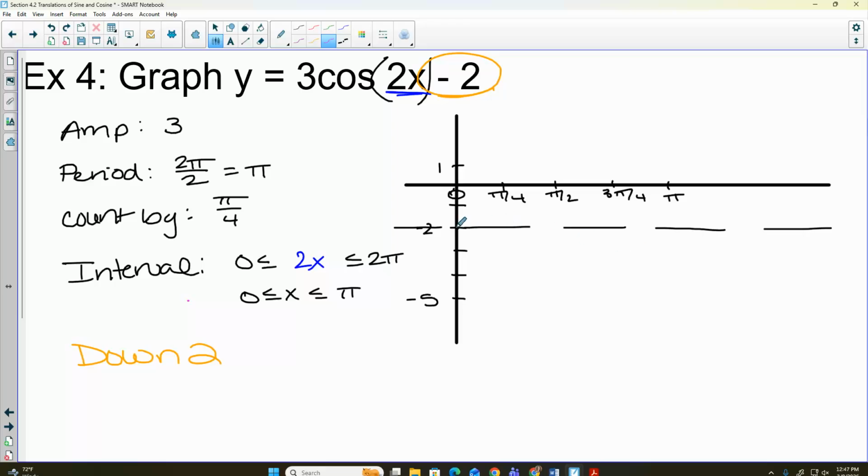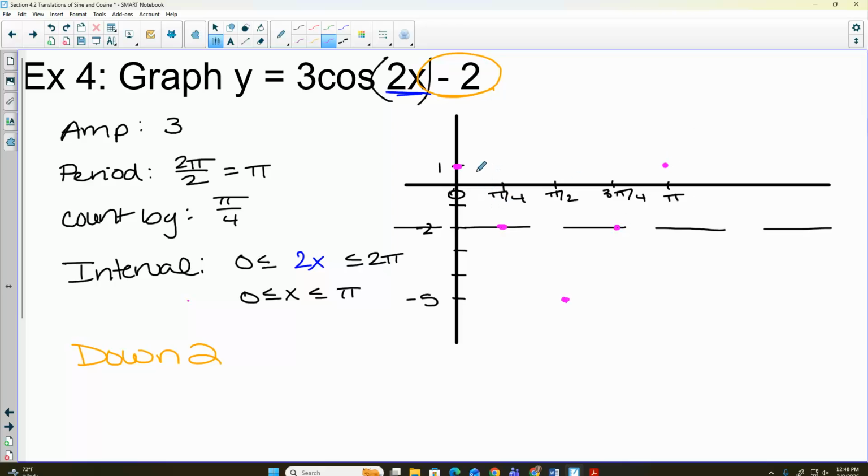Okay. This is my center. Cosine starts where? It's high point. So that would be 3 above this line at +1. So at pi over 4, I'm back to my center line. Pi over 2, I'd be 3 below, so my -5. Back to my center and 3 above.